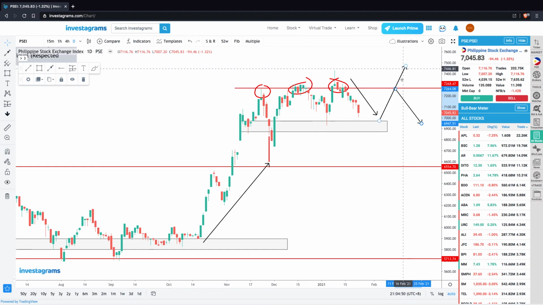So there are always multiple scenarios that could happen, but yes, resistances are the areas where prices drastically move to the downside, and areas of support are usually where prices move on the upside immediately. So like this one, it touched the support and then went back in, retested that resistance.